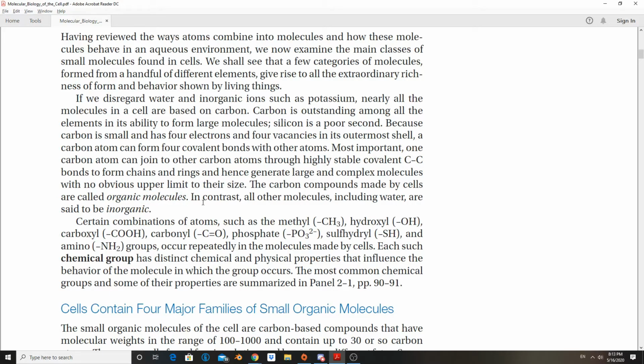So, as I was saying about functional groups, stuff like CH3, hydroxyl, carboxyl, carbonyl, phosphate. That's not phosphate. That's phosphate. This should be changed. It should be PO4. The sulfhydryl group and the amino groups, these all sort of occur repeatedly.